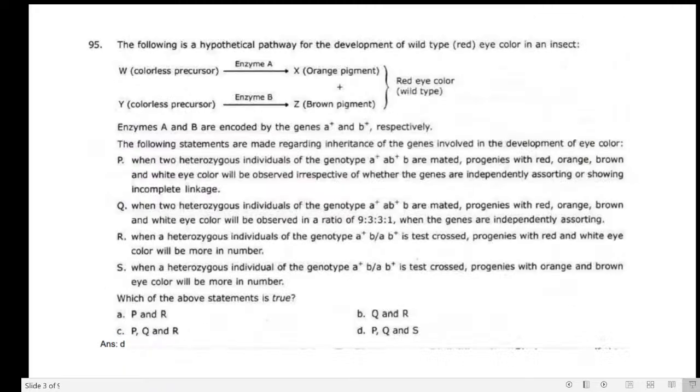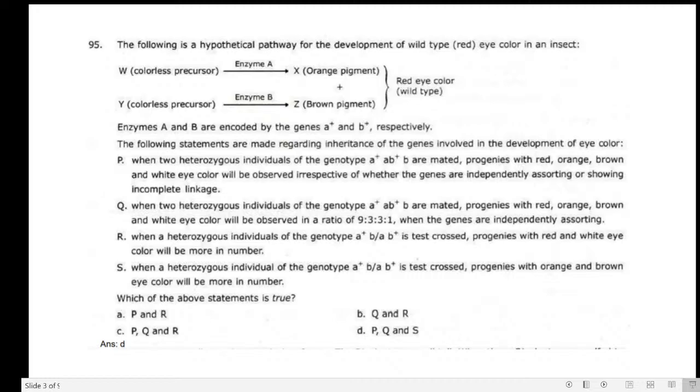Okay, next one is a very easy question. In this kind of question, they give a story, and the story fully covers the entire content of your answer. The question is about the development of red eye color in an insect, with a hypothetical pathway.